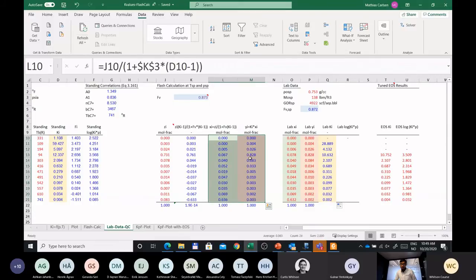You see that the lab reported yi is 82.8 or 0.828 mole fraction, and the calculated yi is also about the same. There is a little bit of difference in the xi, 6.7 versus 7.8.